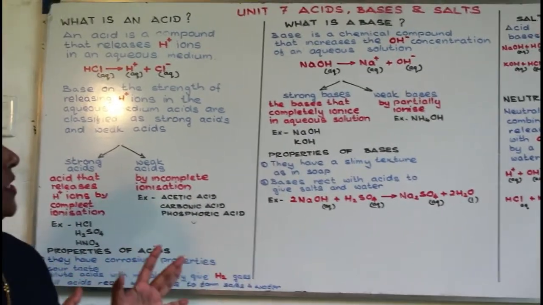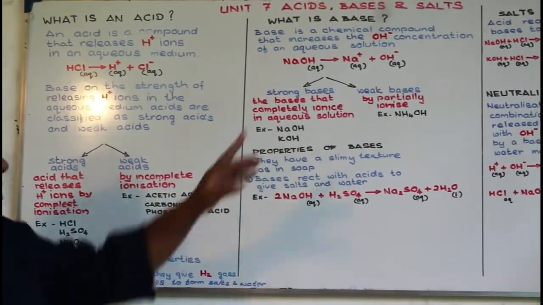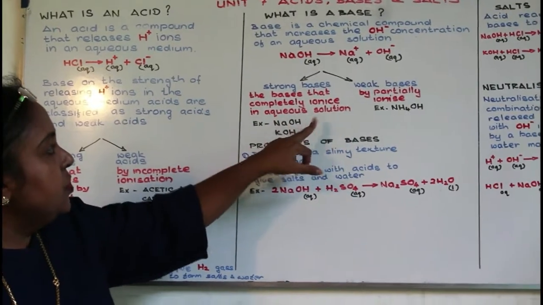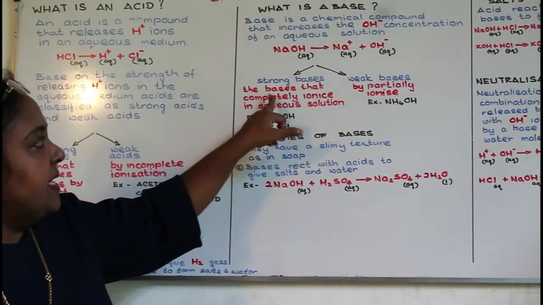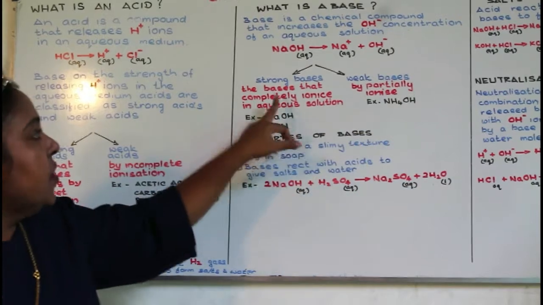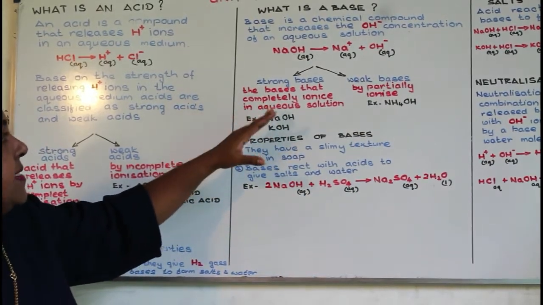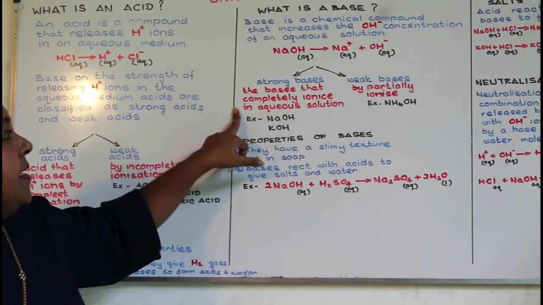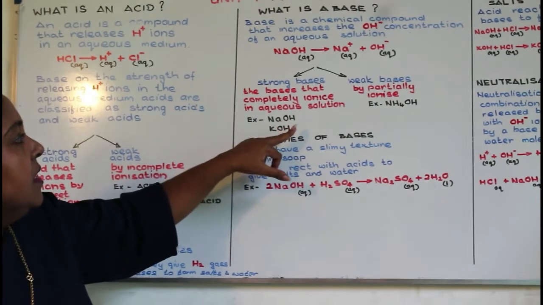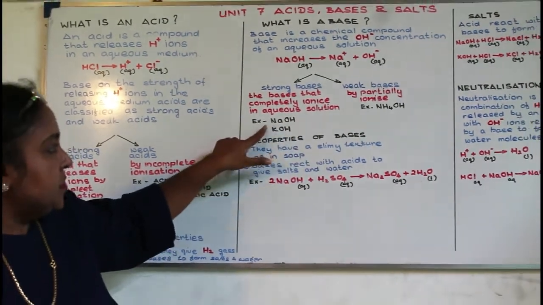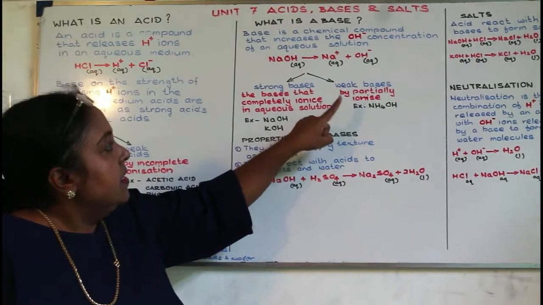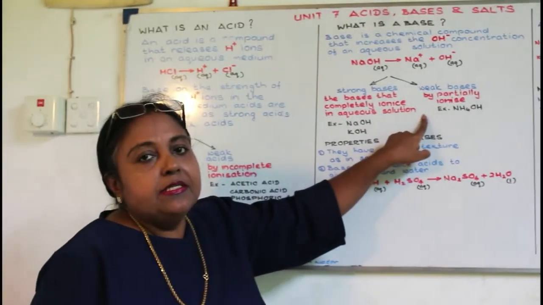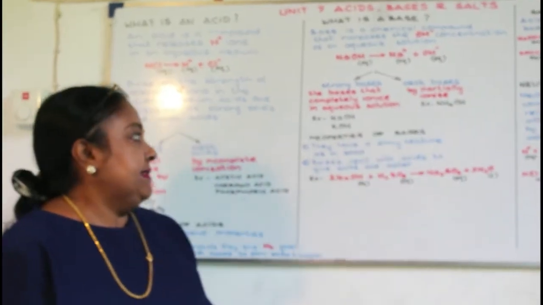Again, according to the OH- concentration, bases divide into 2 categories: strong bases and weak bases. Strong means the base completely ionizes in aqueous solution. When it ionizes partially, it is a weak base, right?